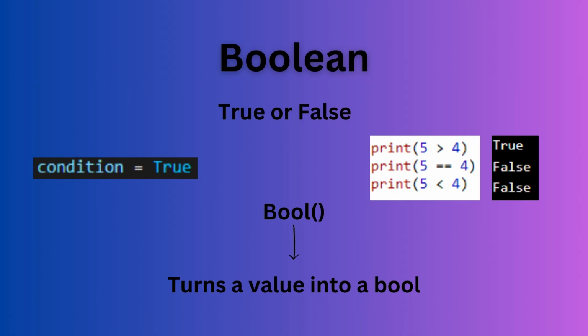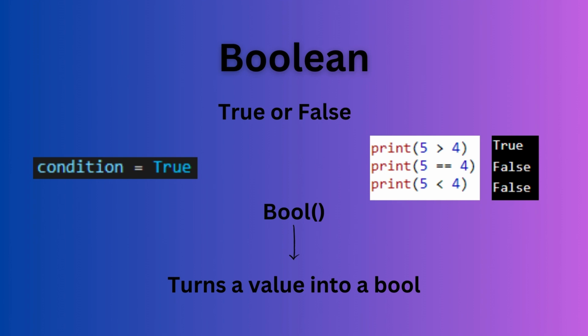Now, an easy one for me is a Boolean. A Boolean can be either true or false. So just like print 5 equals 4, of course that is false. Booleans are used in while loops to test a condition, whether it's true or false.